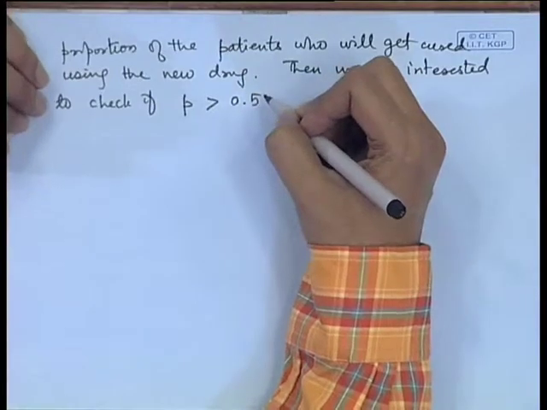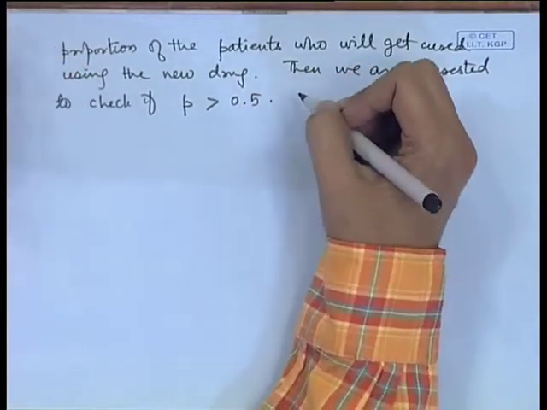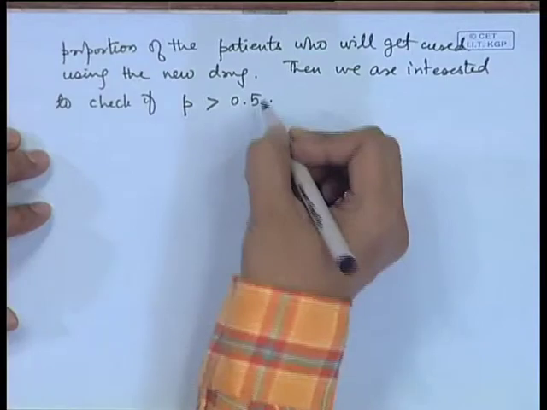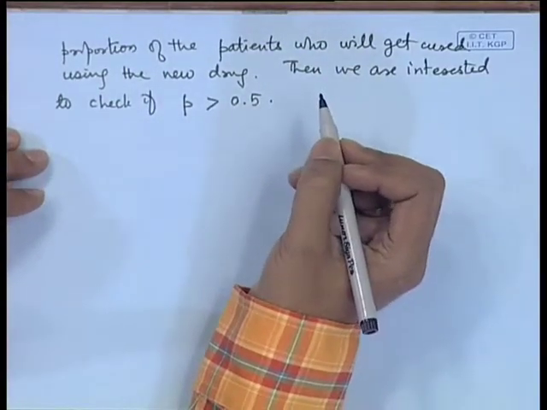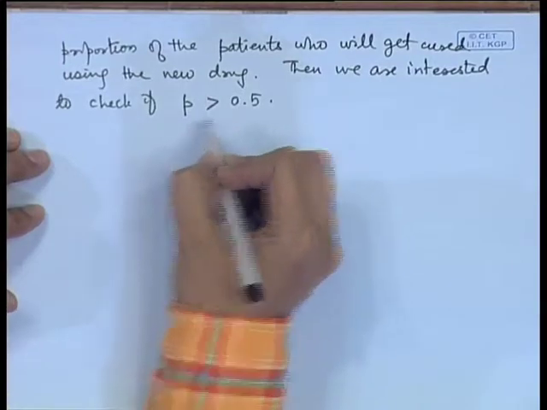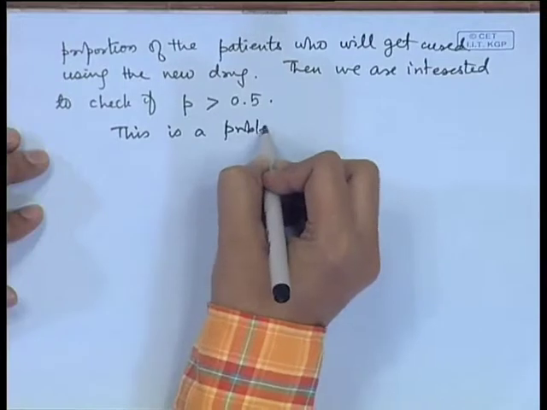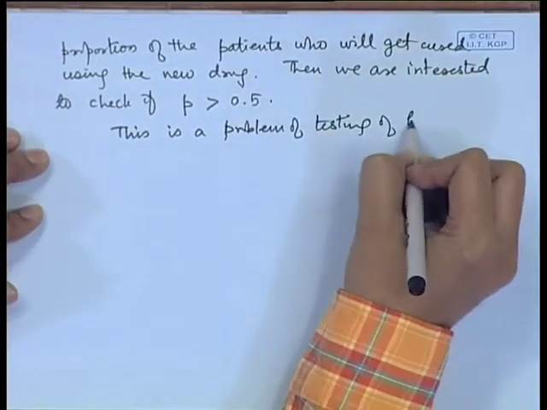Because if the new drug does not cure as much as the old drug, then there is no point in introducing the new drug in the market. Suppose it is having less effectiveness, then there is no use of introducing it in the market. So, checking that P is greater than 0.5, this is a problem of testing of hypothesis.